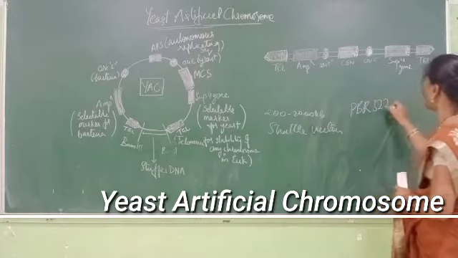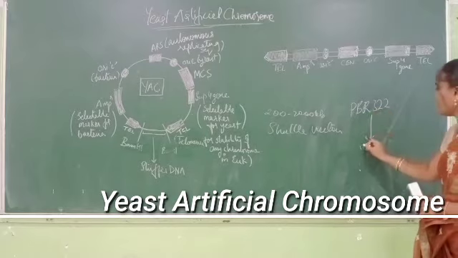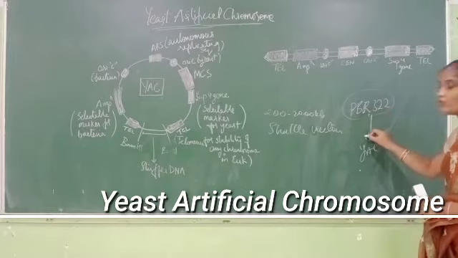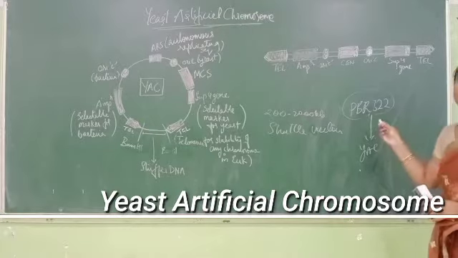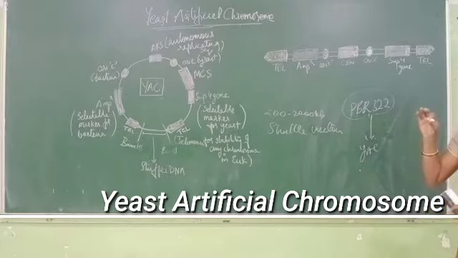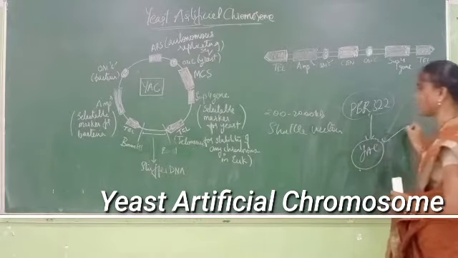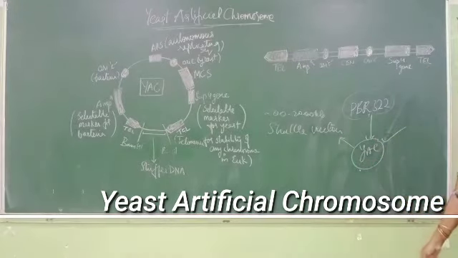The modified, sophisticated model of pBR322 is YAC. It is constructed with several features so that it can easily propagate in yeast. So that is YAC, and as I said earlier, it has features like your shuttle vectors.